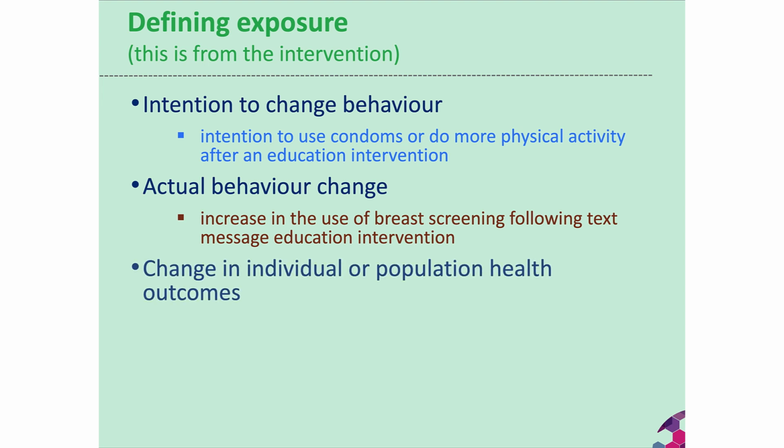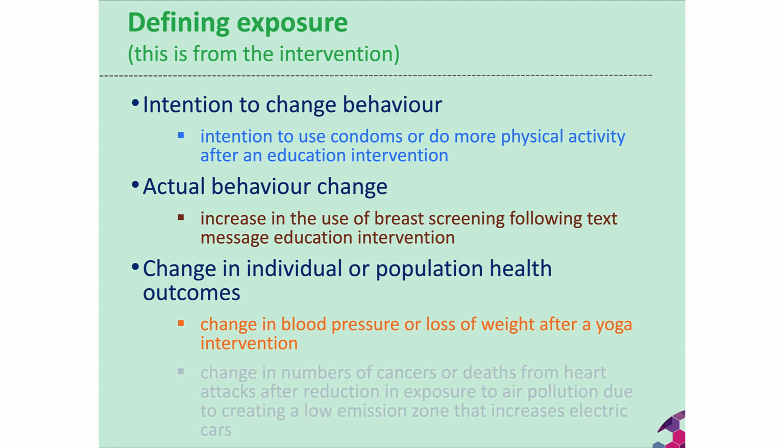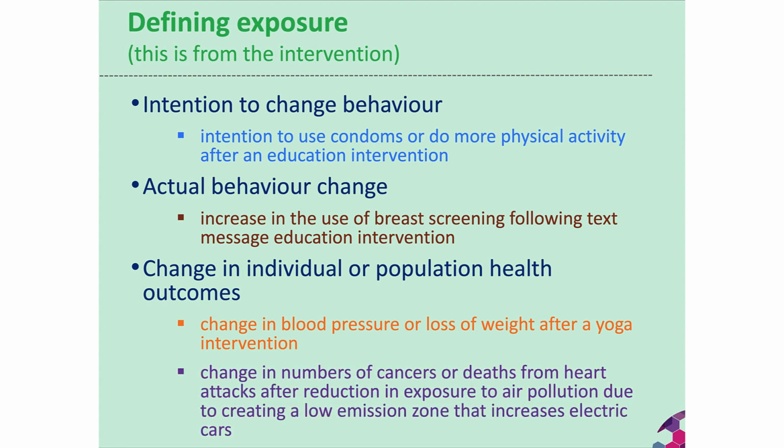Or it could be change in individual population health outcomes, for example, change in blood pressure or loss of weight in individuals after a yoga intervention, or changes in the number of cancers or deaths at a regional level or a country level, or deaths from heart attacks after reduction in exposure to air pollution due to creating a low emission zone that increases the use of electric cars and reduces air pollution in that low emission zone area.